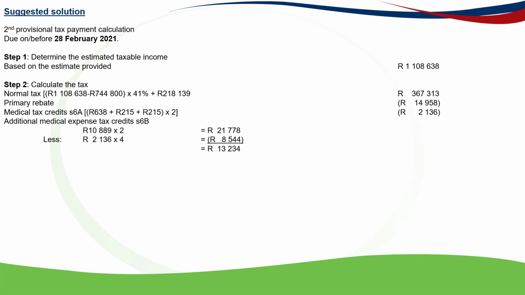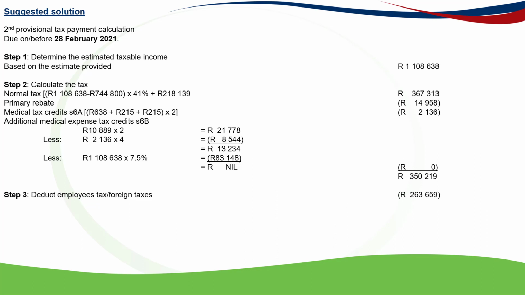From that, we less 7.5% of the taxable income of 1,108,638, limited to 0. The third step in our calculation is then to deduct any employee's tax and foreign taxes paid during the year of assessment, and finally to deduct the first provisional tax payment.